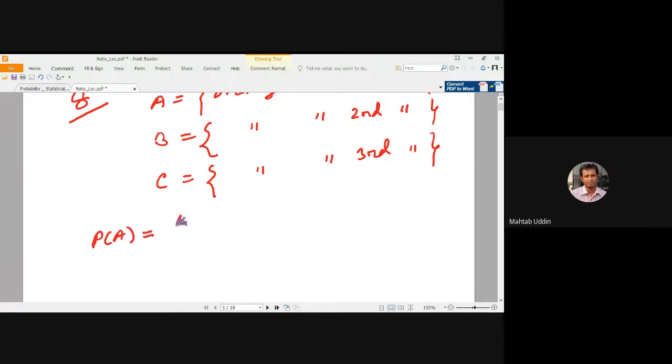Now, out of 6, one face is orange in the first die, two faces are orange in the second die, and three faces are orange in the third die. You understand?